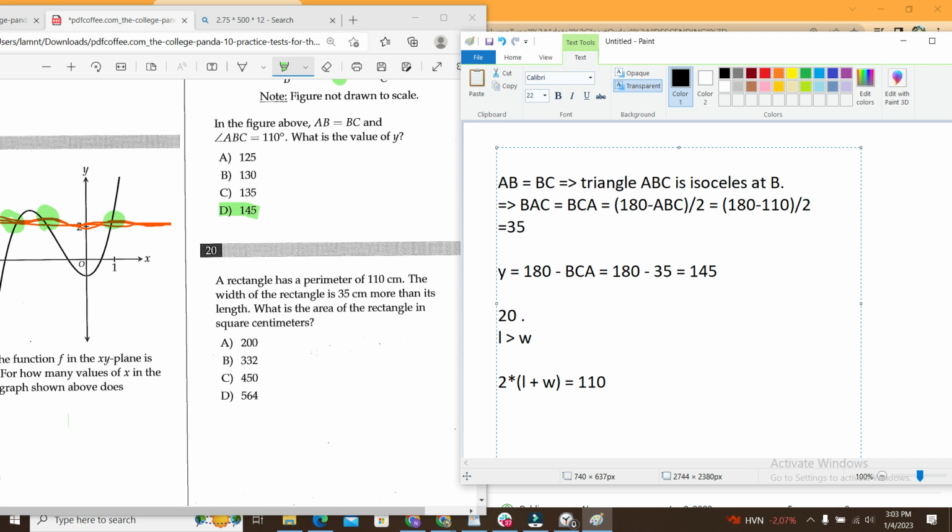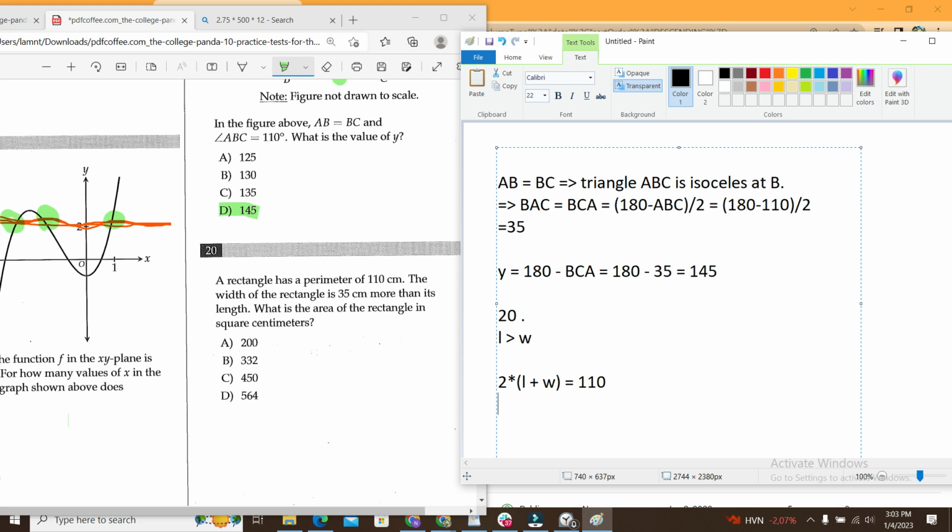And we also know that, okay, they say the width is 35 centimeters more than its length. Okay, this is kind of ridiculous because usually in a rectangle, the length is bigger. They denote the longer side to be the length and the shorter side to be the width.